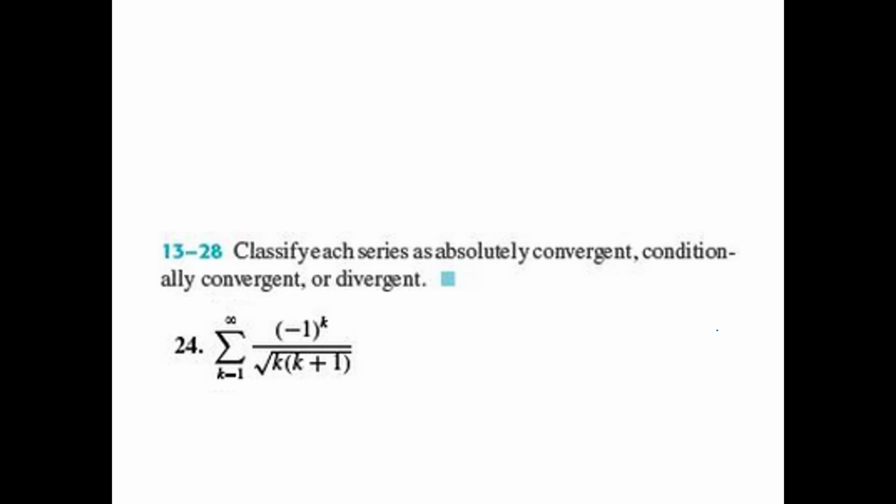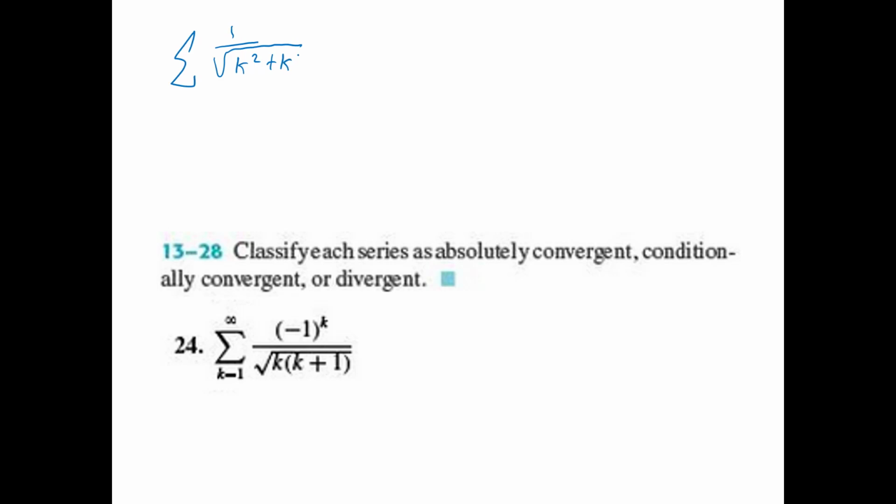Okay, so classify each series as absolutely convergent, conditionally convergent, or divergent. Again, here, the first thing we do is look at the series of 1 over the square root, and I'll go ahead and distribute, k squared plus k.